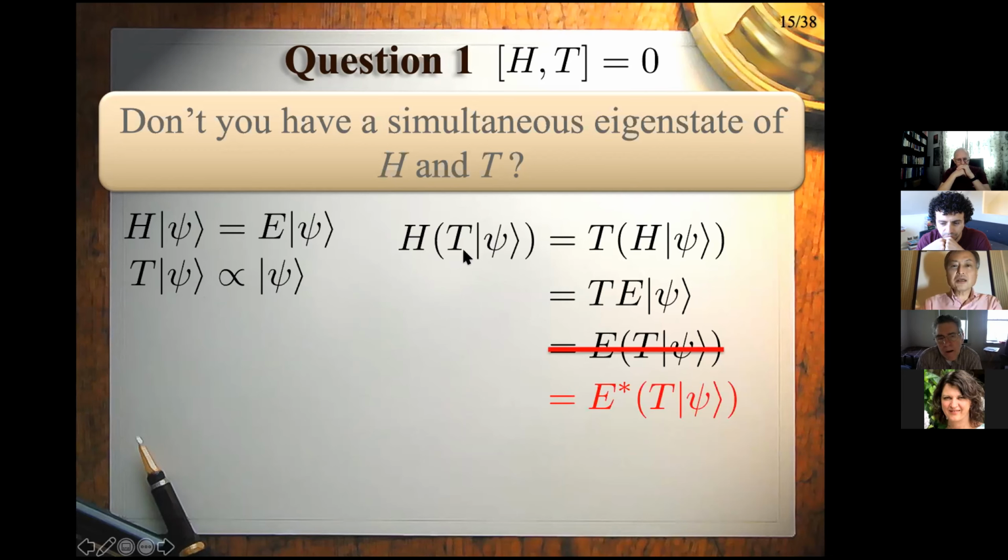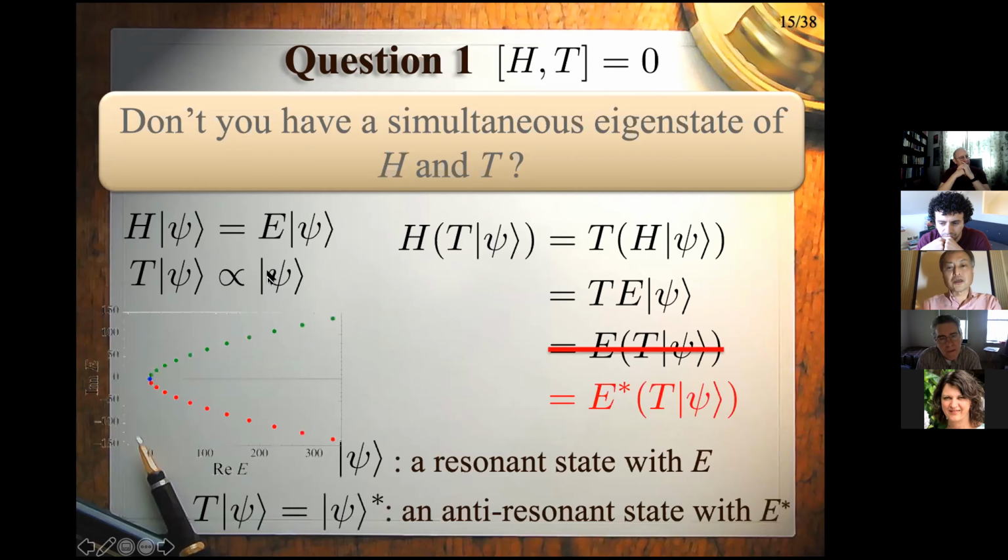If E is real, then we would have this. But if E is complex like this, then if you have a resonance state with a complex eigenvalue, the time reversal of that resonance state, which is an anti-resonance state, has the complex conjugate eigenvalue. So this symmetry is actually the time reversal symmetry.